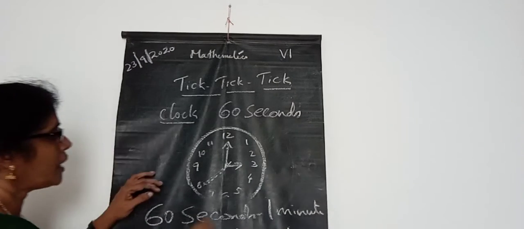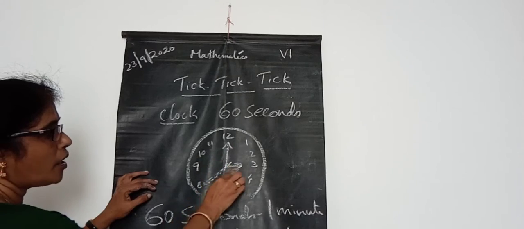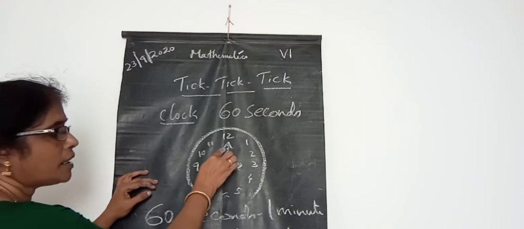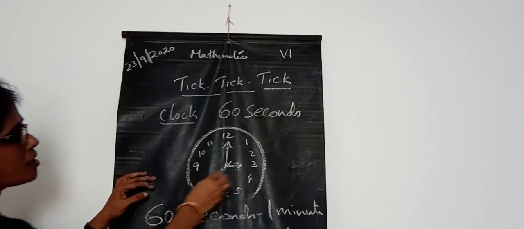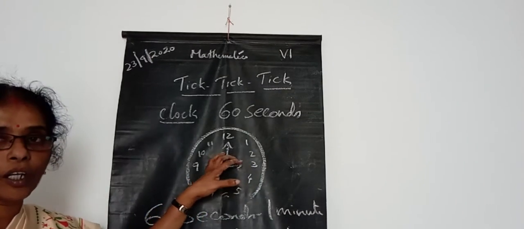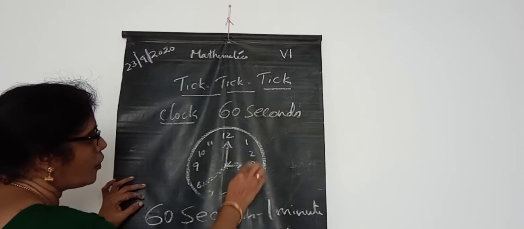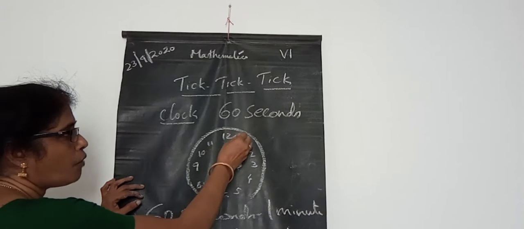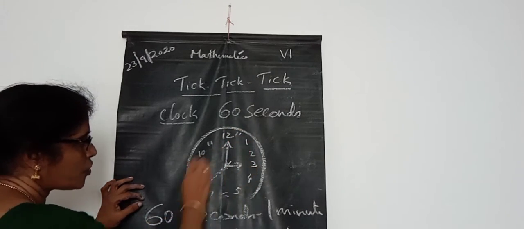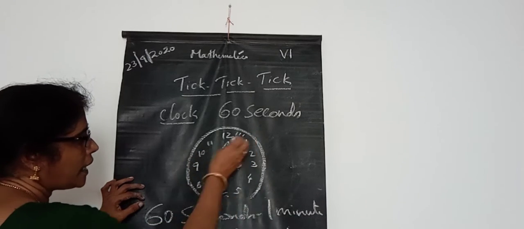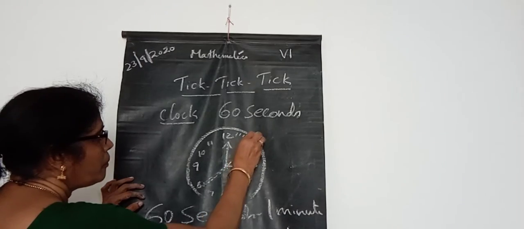So if you look here, this one is the small hand, this one is the big hand. The small hand is the hour hand, this one is the minute hand, and this one is the second hand. And now the time is 3 o'clock, isn't it? After this second hand goes up to 60 seconds, then 1 minute, and again 60 seconds, 2 minutes, again 60 seconds, 3 minutes, and again 4 minutes, and again 5 minutes.